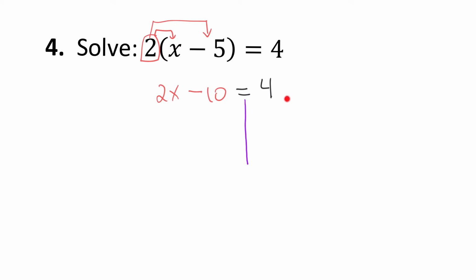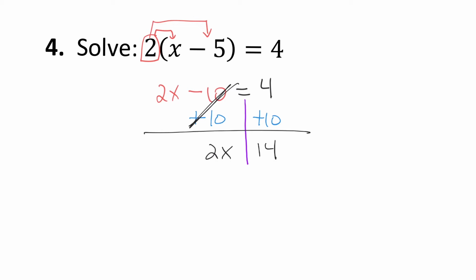The 4 on the right side is by itself, so we cannot do anything else, but we need to get x by itself. So we need to eliminate the constants that are on the same side of the variable. So you guys are going to do the opposite. Opposite of minus is plus. So I'm going to add 10 to both sides. You cancel the 10s, you bring down the 2x, and 4 plus 10 is 14.